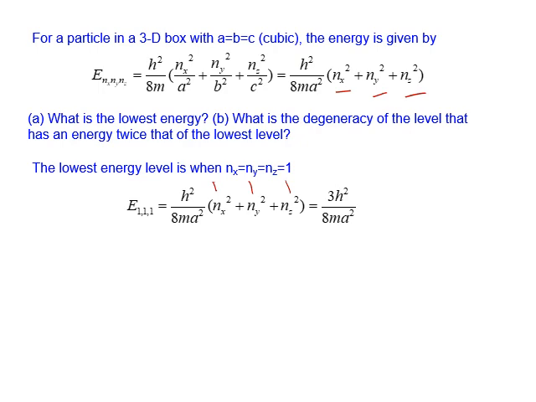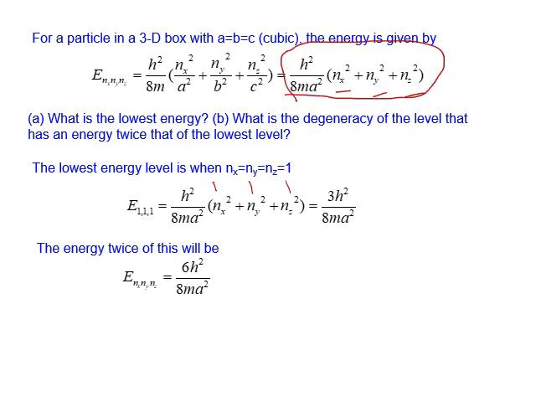What is the degeneracy of the level that has energy twice this lowest energy? So twice will be 6h squared divided by 8ma squared. Now, the allowed energy can only be this equation. So if this is one of them, that means the combination nx squared plus ny squared plus nz squared should be 6.